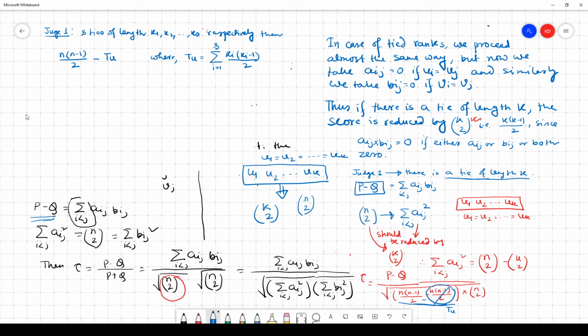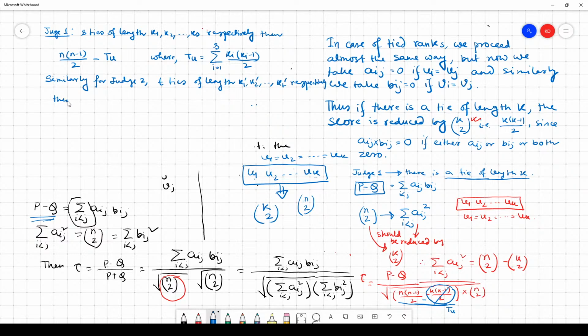Okay. Similarly, for judge 2, there are t ties of lengths k1 dash, k2 dash, ..., kt dash respectively.